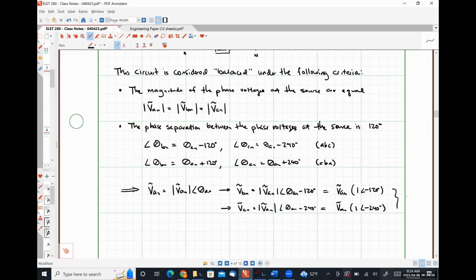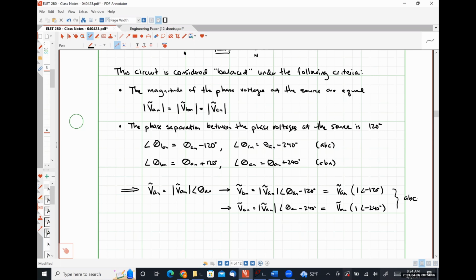And once again, these are for a positive phase sequence. Okay. So if I know one of those three voltages, I know all three of those voltages because I can get the other ones simply by shifting by 120 degrees, okay? So I really only need to know one out of those three voltages in order to know all three of them.